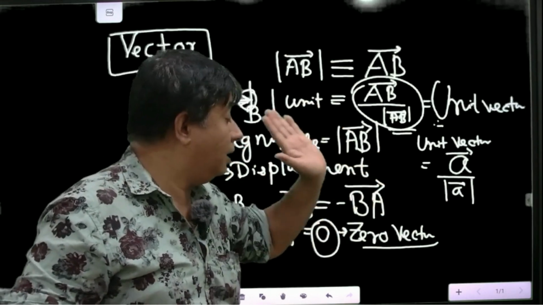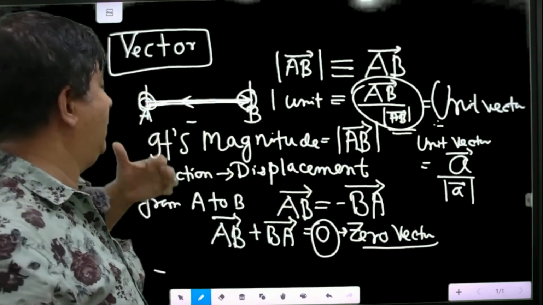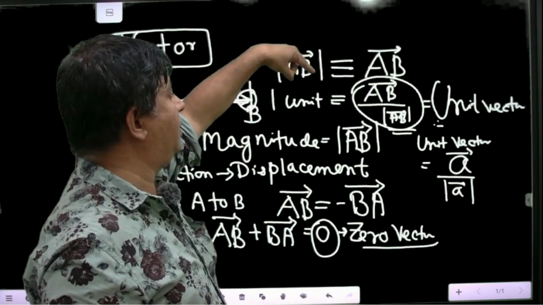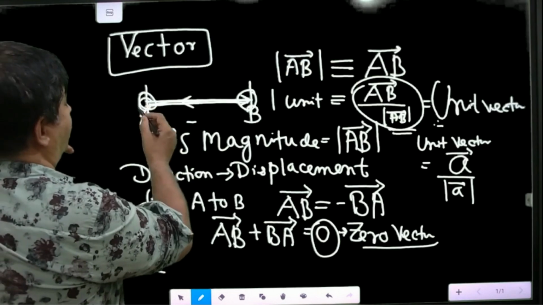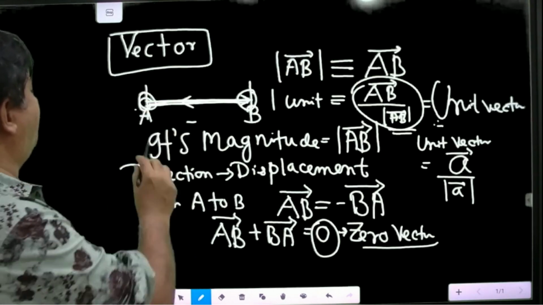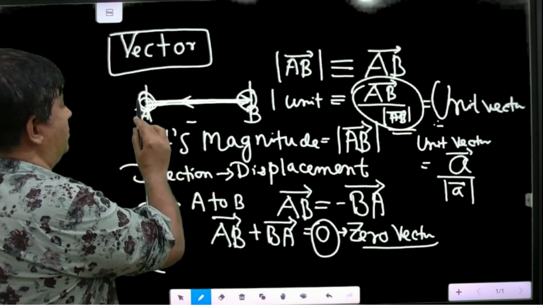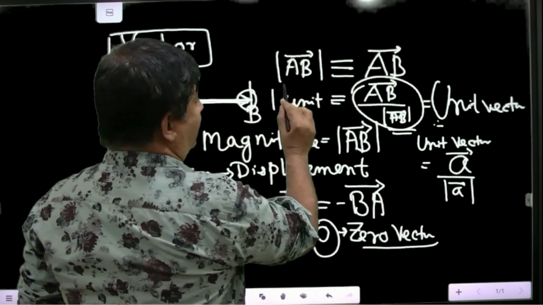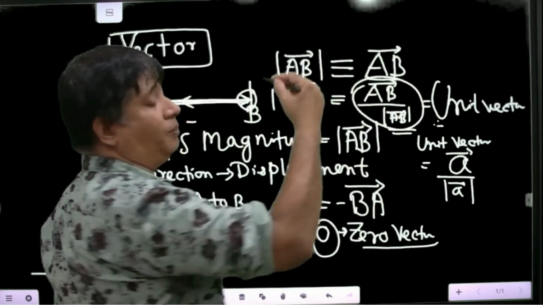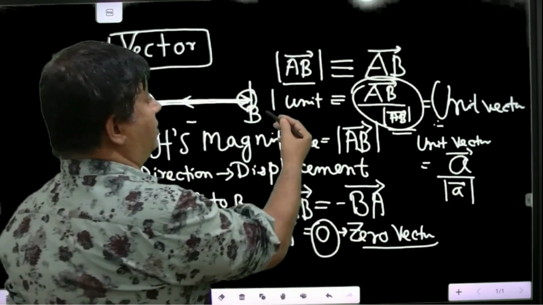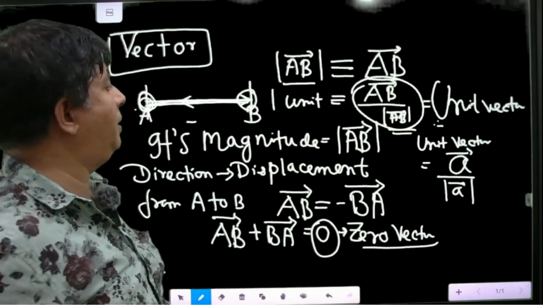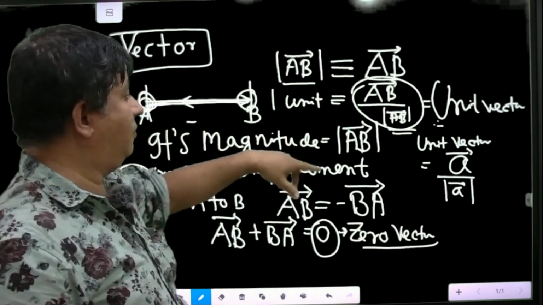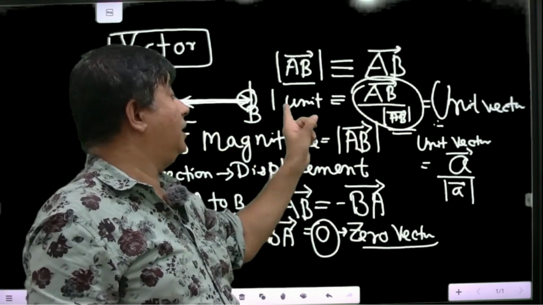This definition is derived from that concept. Displacement from A to B means one point which has initial position A moves to B. So one unit displacement by the unitary method is AB by magnitude of AB. So a vector, if divided by its magnitude, is called unit vector.